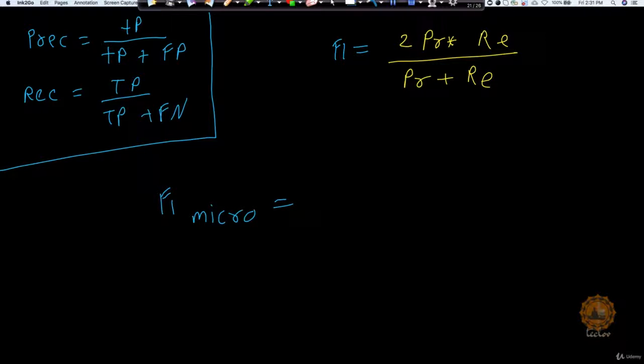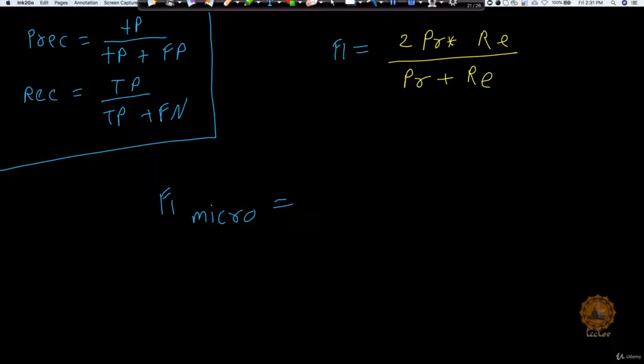This is my formula when I had a binary classification problem. Now when I have to compute mean F1 score, there is going to be a small difference. The difference is, instead of calling it precision, I am going to give it a slightly different name.